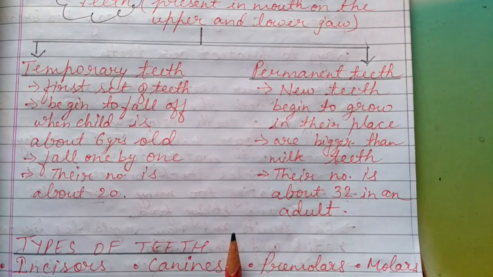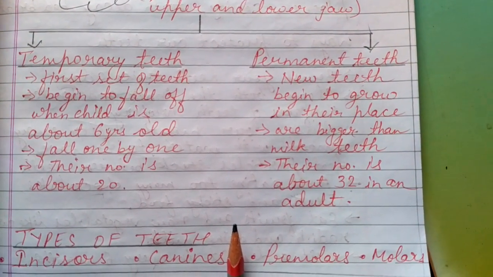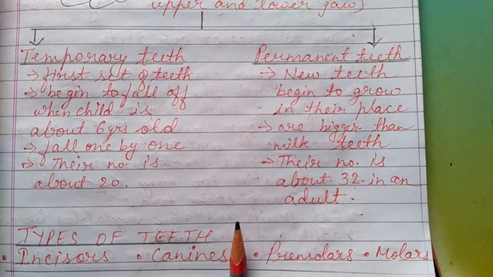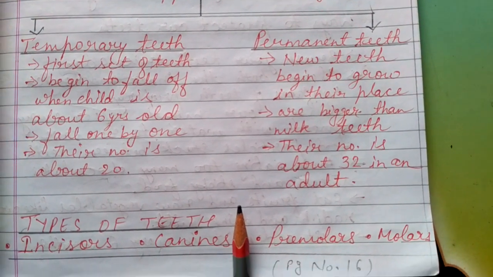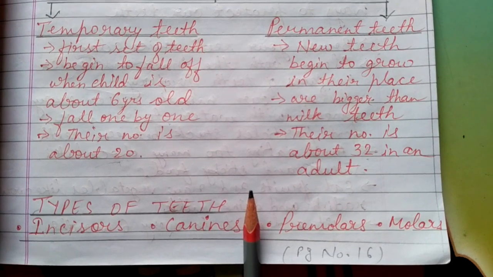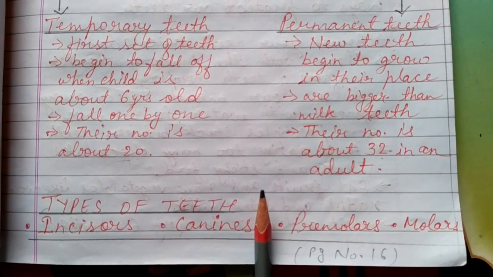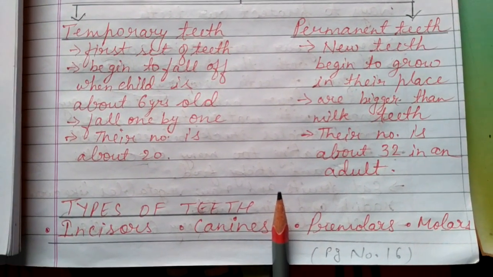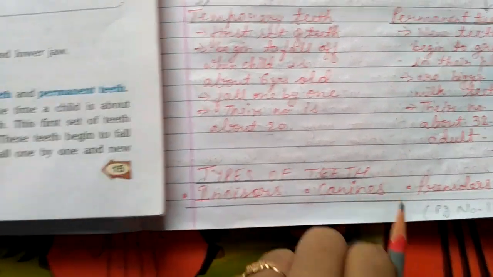And the permanent teeth are the new teeth which begin to grow in the place of milk teeth, and they are bigger and stronger than the milk teeth, and their number is about 32 in an adult. 16 in the upper jaw, 16 in the lower jaw.